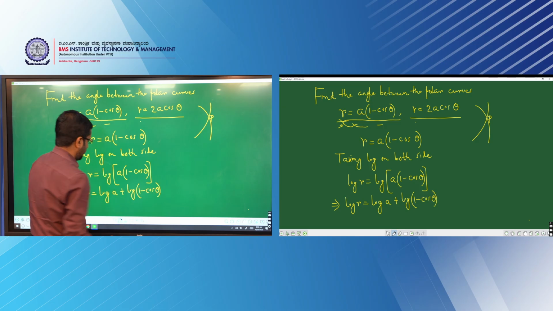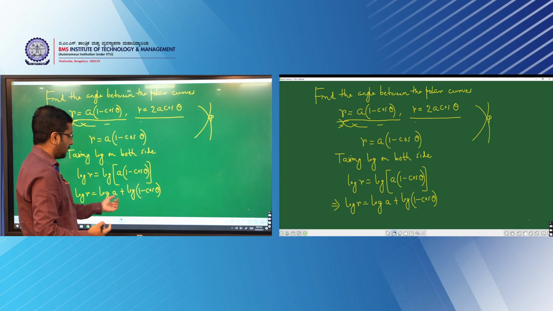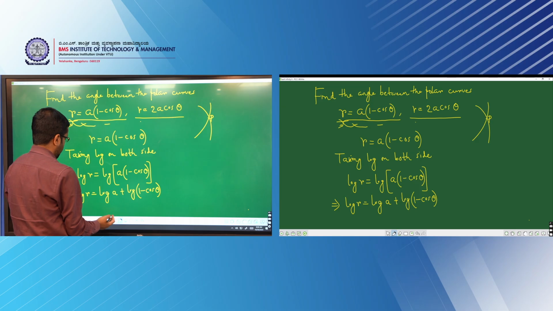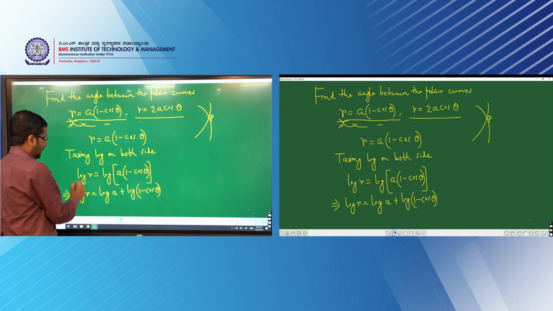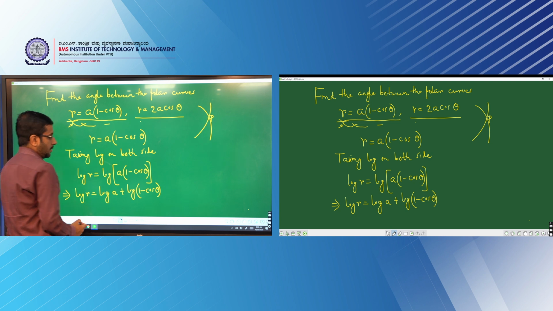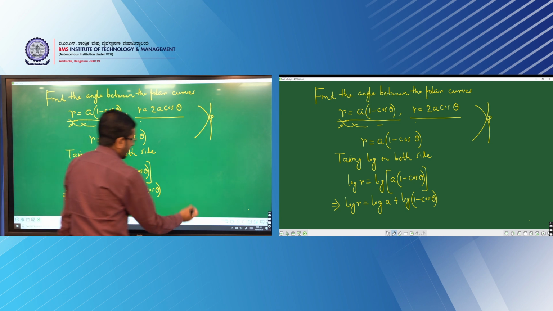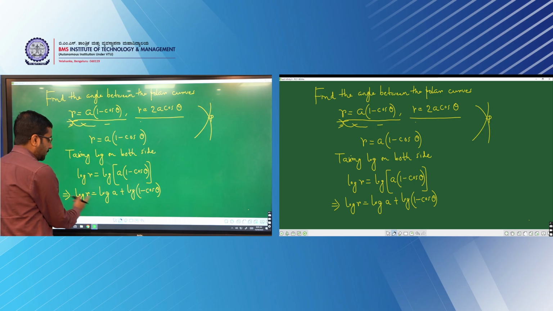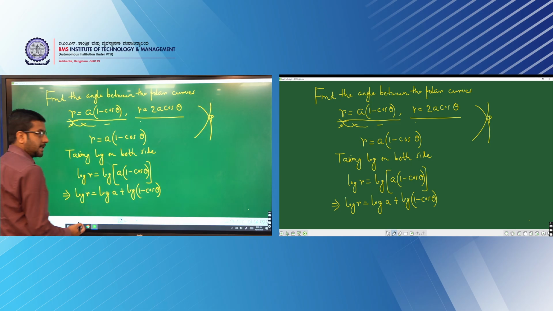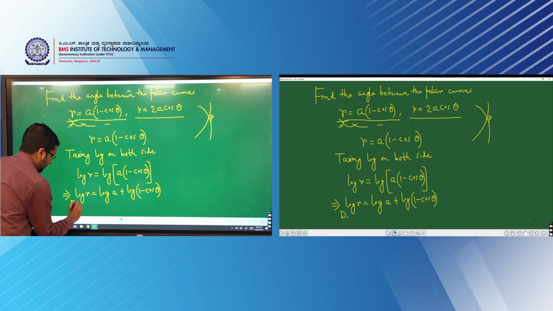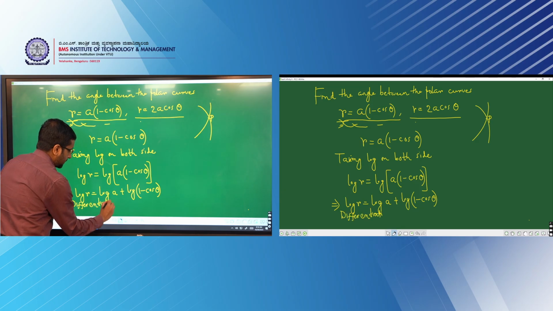Students be careful here: log of ab we can write as log a plus log b, and log of a by b we can write as log a minus log b. So we have separated these terms as log r is equal to log a plus log of 1 minus cos theta. Now we have to differentiate both sides with respect to the independent variable theta.